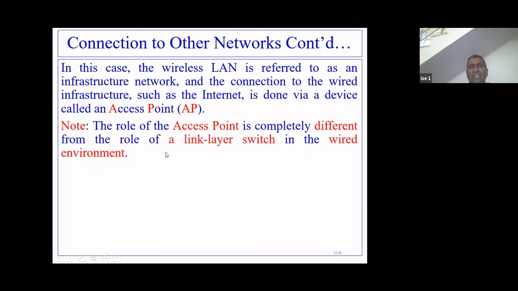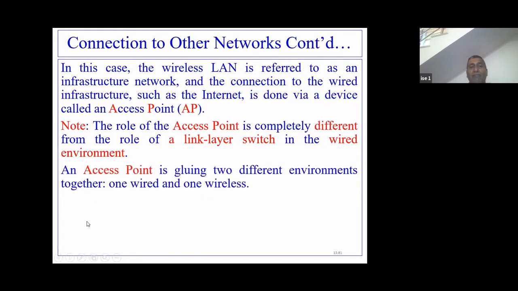So basically the role of the access point was completely different from the role of the link layer switch in the wired environment. The link layer switch was to receive the frame and send it to the destination, whereas the access point does not have this kind of role of receiving the frame from one sending host and sending it to the destination.